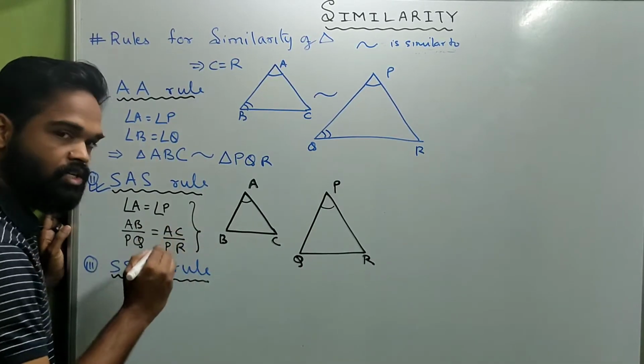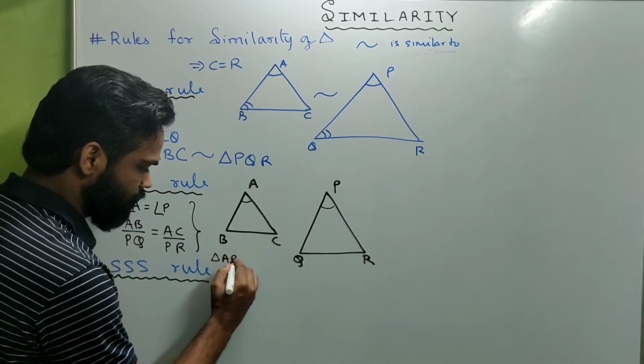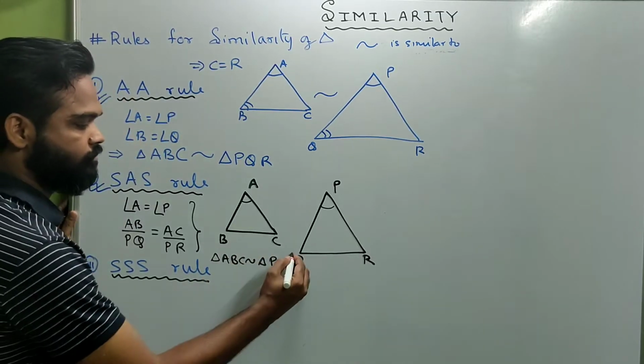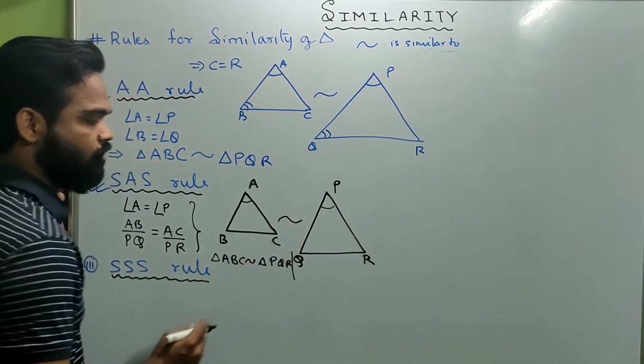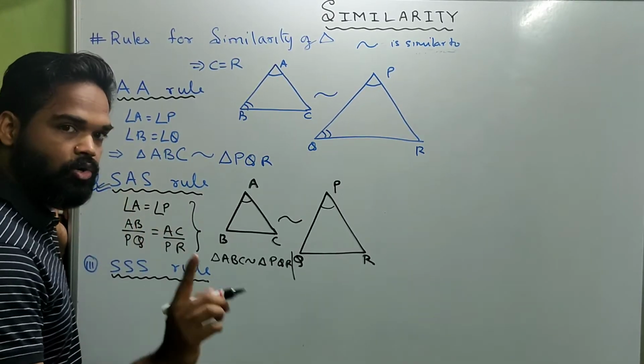If these two conditions are satisfied, then we can say that triangle ABC is similar to triangle PQR. This is the second rule.